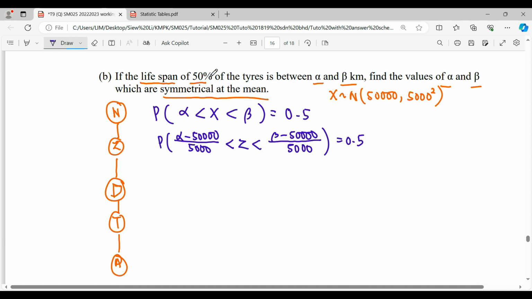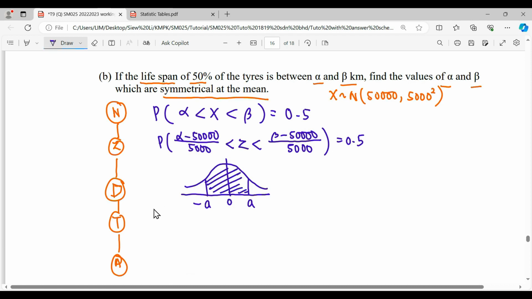So it says alpha and beta are symmetrical at the mean. If I want to draw this region, it means that this is symmetrical around the mean. Mean will be in the middle here. So it will be symmetrical, a value unknown here. I put negative A and a positive value A. So the negative value will be alpha on this side, the positive value will be this beta value. In between these two, it gives us 0.5.